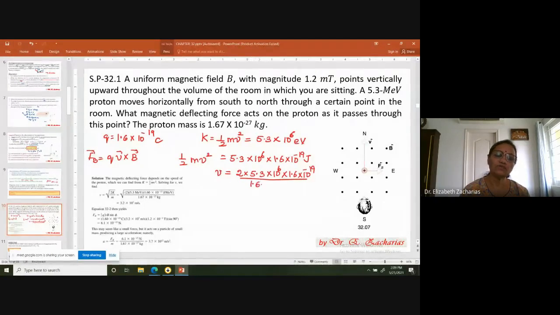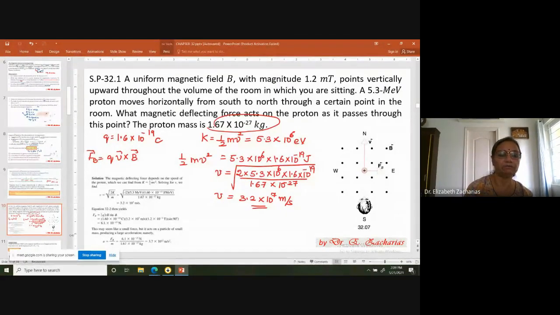It is 1.67 into 10 to the power of minus 27 kg, given here. And then this is V square, so if I want V, I have to take the square root. So we get the velocity to be equal to 3.2 into 10 to the power of 7 meter per second. That's the velocity of the charged particle.